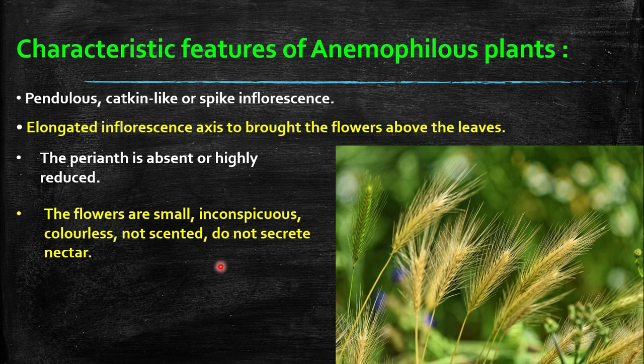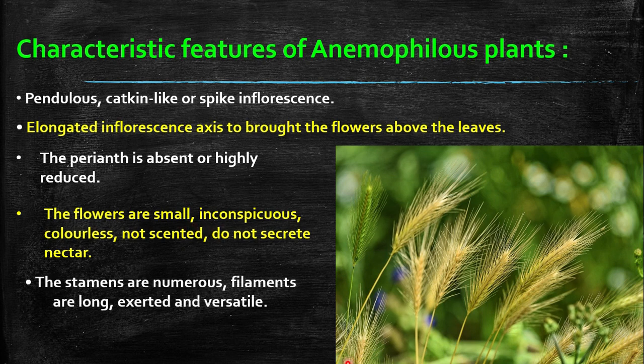They need not have color or scent, so there is no need to secrete nectar. But the flower should be small in size. Stamens are numerous, and filaments are long, exserted and versatile.